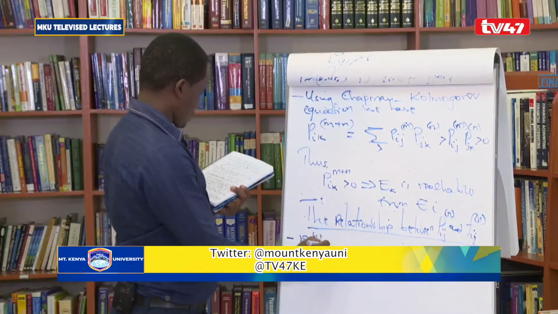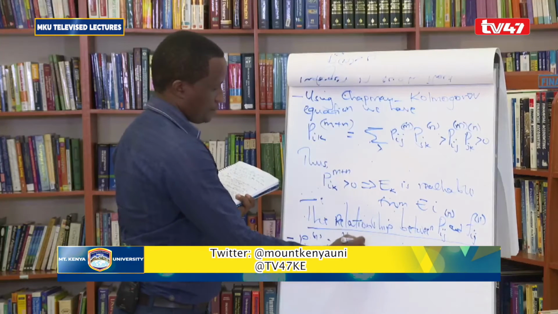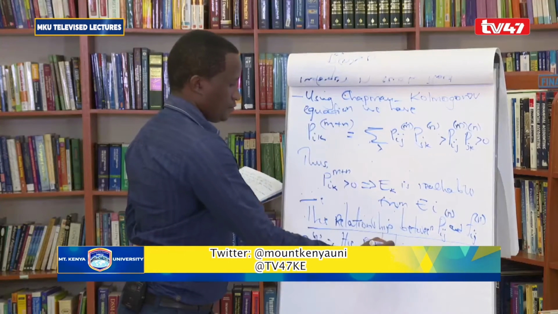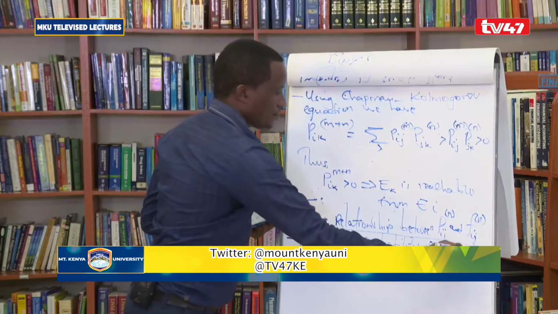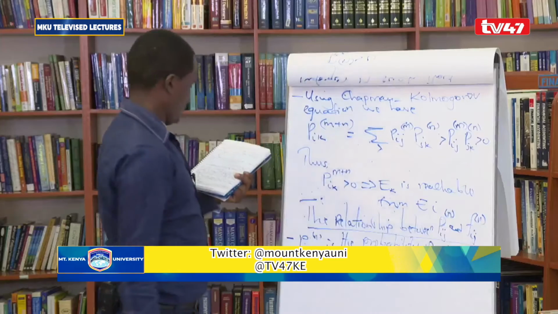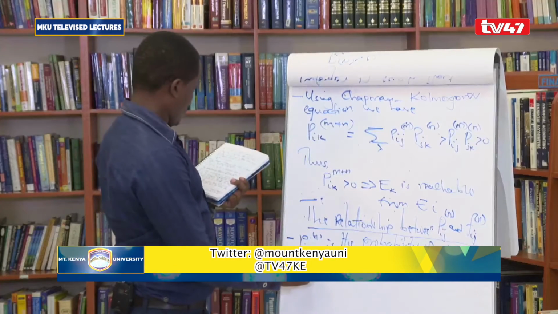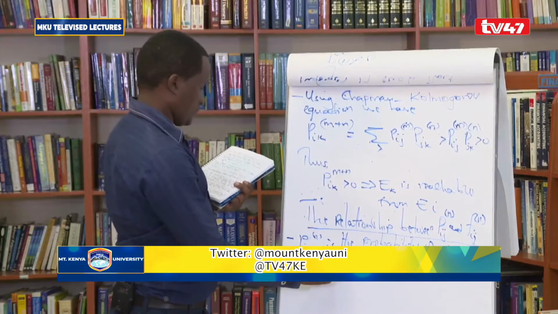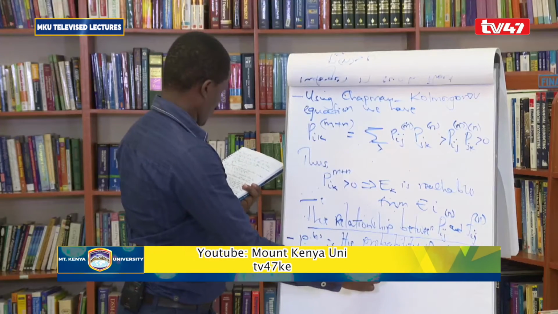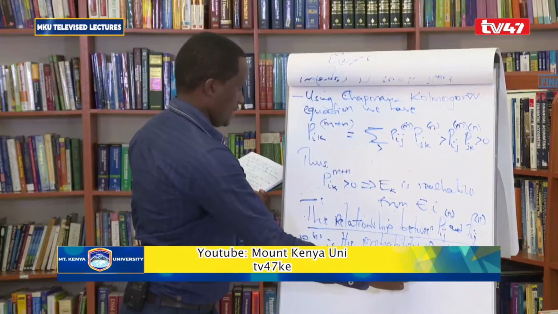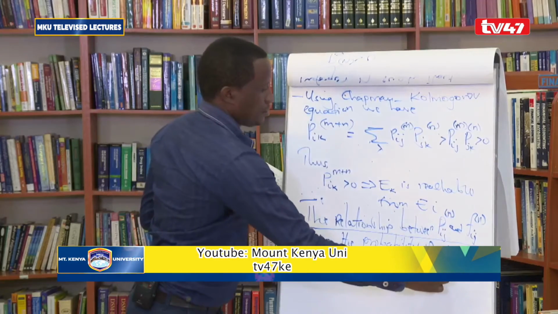P_jk^(n) is the probability of moving from state j to state k in n steps.